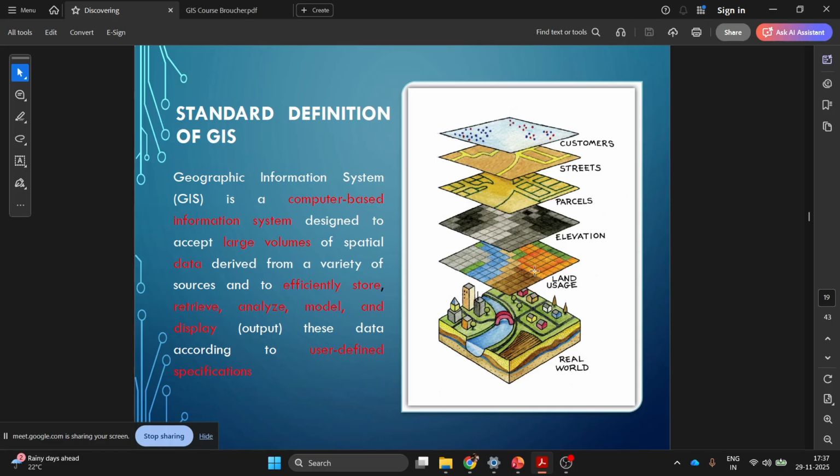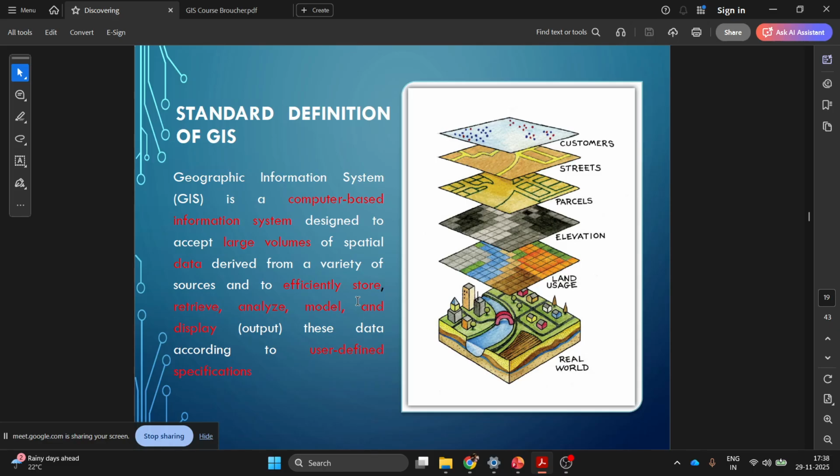So this data should be efficiently stored and also retrievable. Not only stored, but efficiently retrievable, because we are dealing with a lot of data. Once we have loaded the data, it should come immediately, without a time lapse. It should be immediately retrievable, and it should be able to analyze, model, and display.